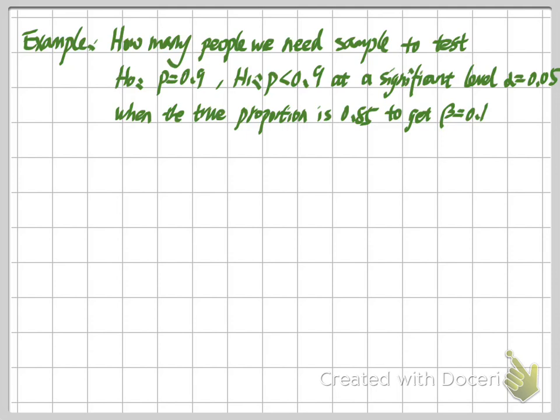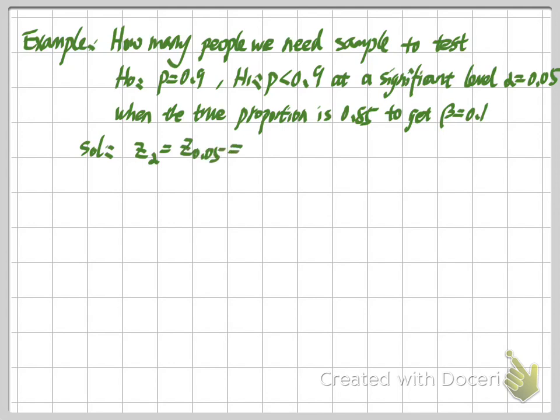So for this one, the first thing is, because this is a one-side test, we should get our z alpha. For this question, z alpha is z sub 0.05.